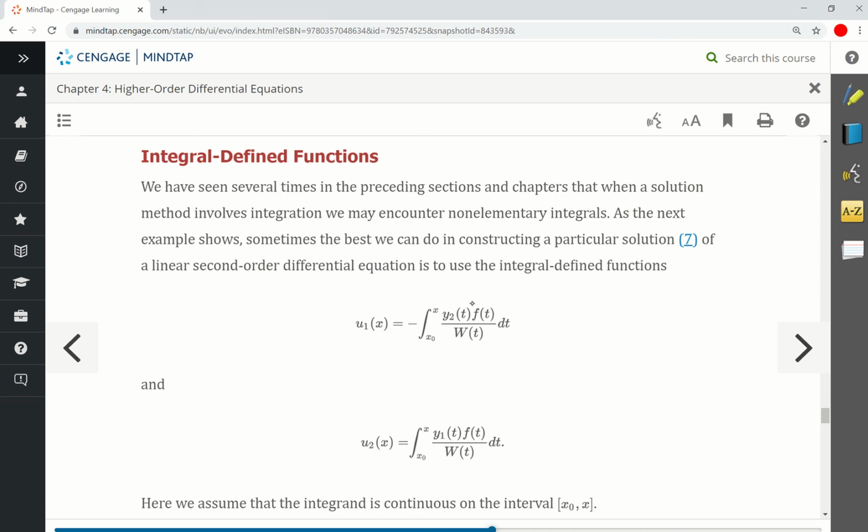However, given just some random functions f, it might not be possible to explicitly find a closed form function for u1 and u2.